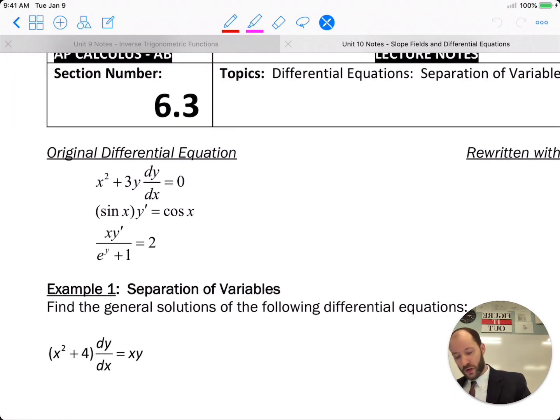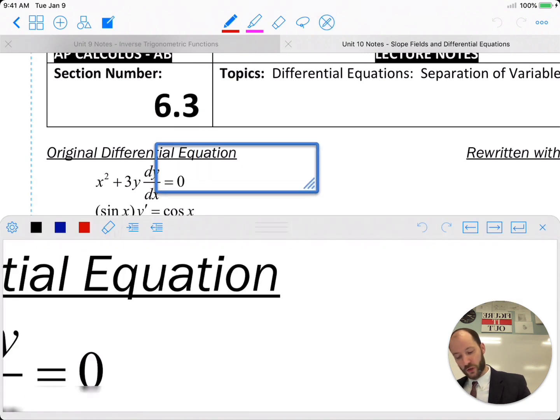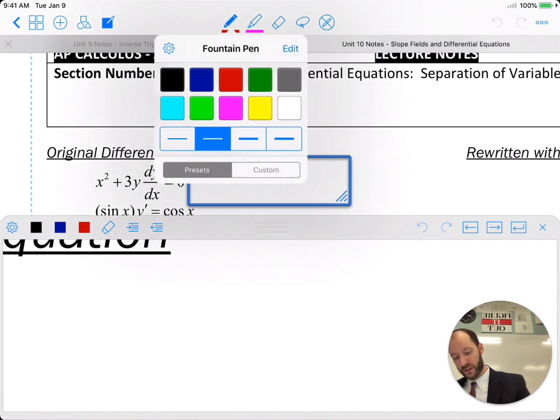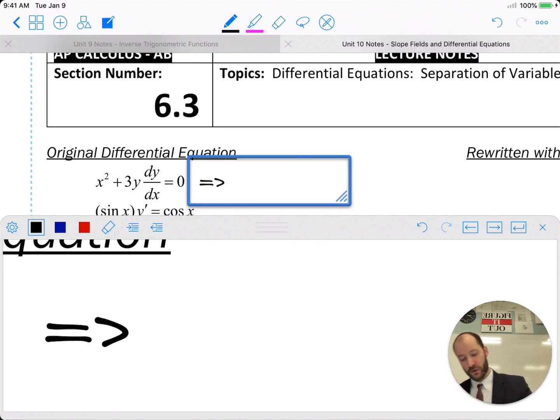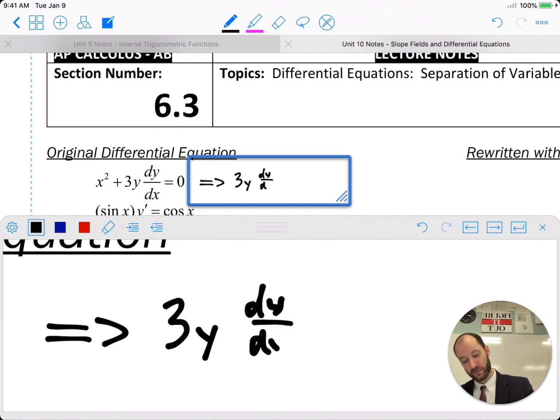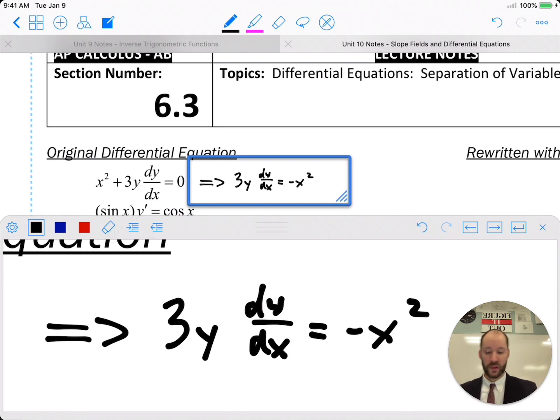But of course, to start differential equations, you have to separate the variables. So get the x's with the dx's, the y's with the dy's. So in this first one, subtract x squared from both sides, negative x squared, and then get the dx over with the x squared.